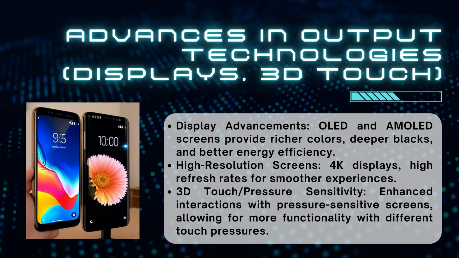This made watching videos, playing games, and simply scrolling through apps a much better experience. Also, many modern phones now feature high-resolution displays from Full HD to 4K with adaptive refresh rates that improve the visual experience when playing fast-paced games or scrolling through social media.